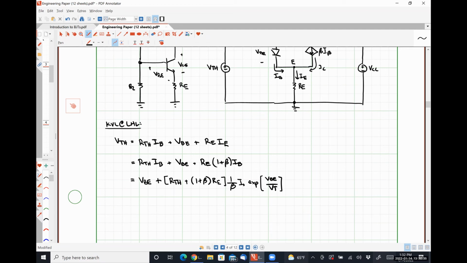So we have one equation, one unknown in terms of VBE, so that we could solve for VBE, and then from that, obviously, IC, IB, and IE.